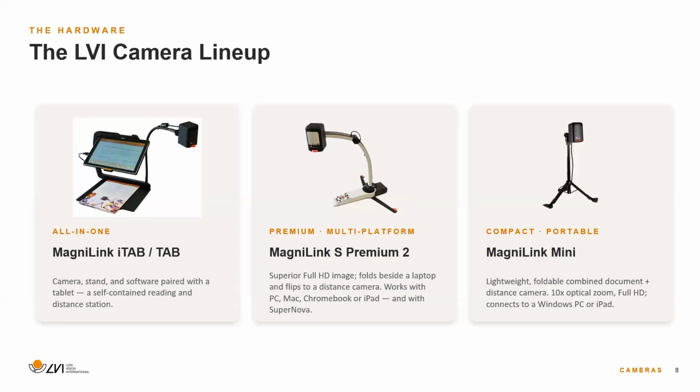The difference between the Magnalink Mini and the Magnalink S is that the Mini is only going to connect to a PC or an iPad. It's a lot lighter weight. On the LVI side, it's going to use different software, but it does the same things in terms of being an excellent distance camera. It also can serve as your document camera, and it's portable. You can take it from class to class.